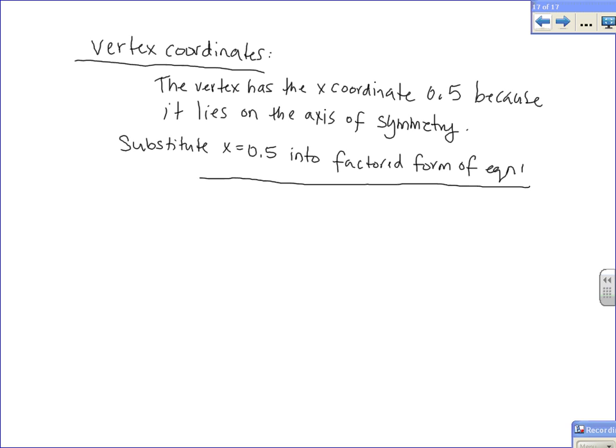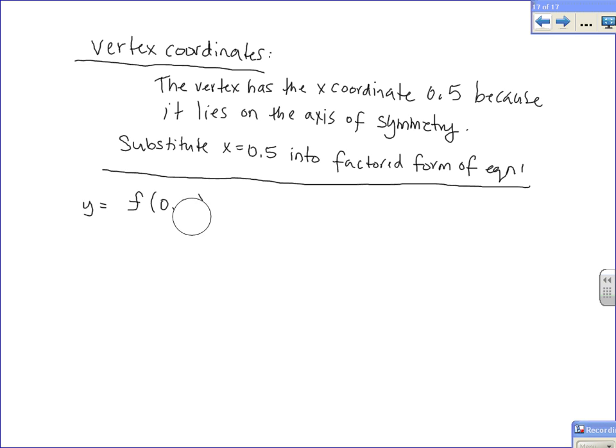I want to see, well, when x is equal to 0.5, what is y going to be equal to? So we can write this in function notation, f of 0.5. That's the same as saying y is equal to f of 0.5. Let's put 0.5 in everywhere that we see an x.